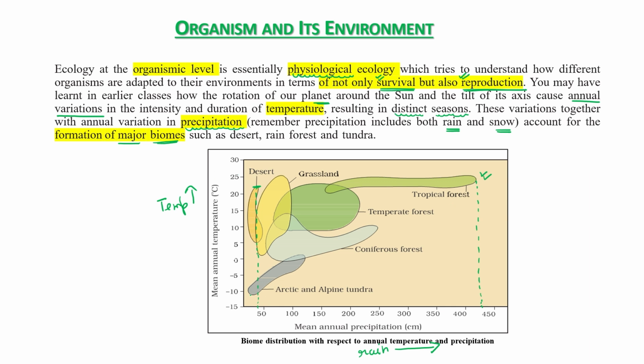And if minimum rainfall or snowfall occurs, why am I using the term snowfall? Because the temperature is -10 over here.